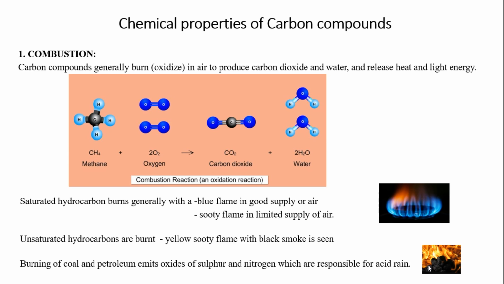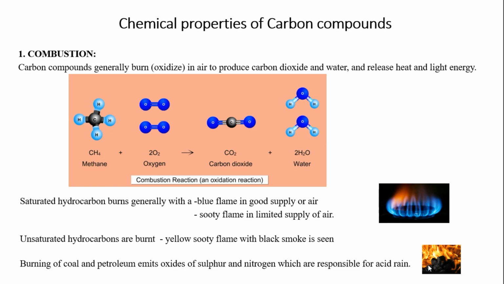So we will look at a few chemical properties of carbon compounds. The first property is combustion. We already know the meaning of combustion, that is burning in the presence of oxygen.